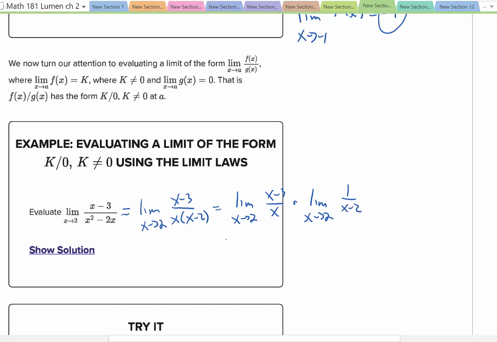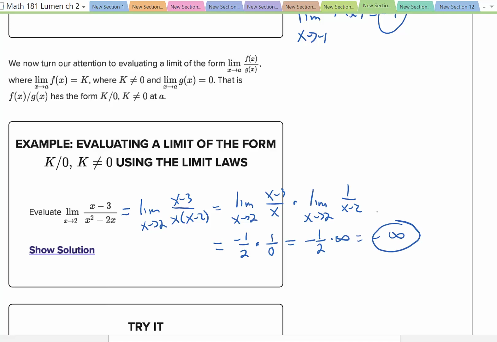In the first case, plugging the 2 in there, 2 minus 3 is negative 1, so negative 1 over 2, times, in the second case, 1 over 2 minus 2 is 0, so 1 over 0. Now, 1 over 0 is commonly referred to as infinity. It's also undefined, but in our case, we'll call it infinity. So negative 1/2 times infinity would give me negative infinity.